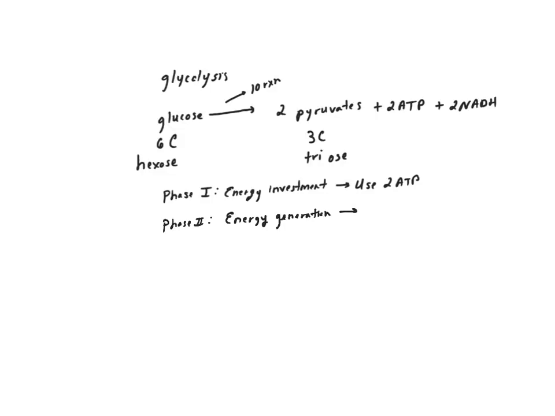What do we get out in these last 5 reactions of glycolysis? We get a total of 4 ATP, and we also get, very important, the 2 NADHs, our reducing equivalents that we will use later on. So overall, we have a net of 2 ATP.